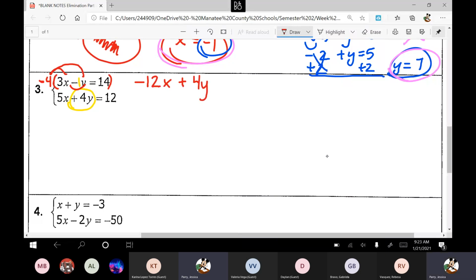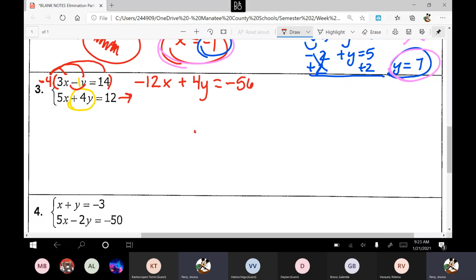And then we have our y, bring down the equal sign. And then our last one, negative 4 times positive 14. A negative times a positive is negative, and then 4 times 14 is 56.